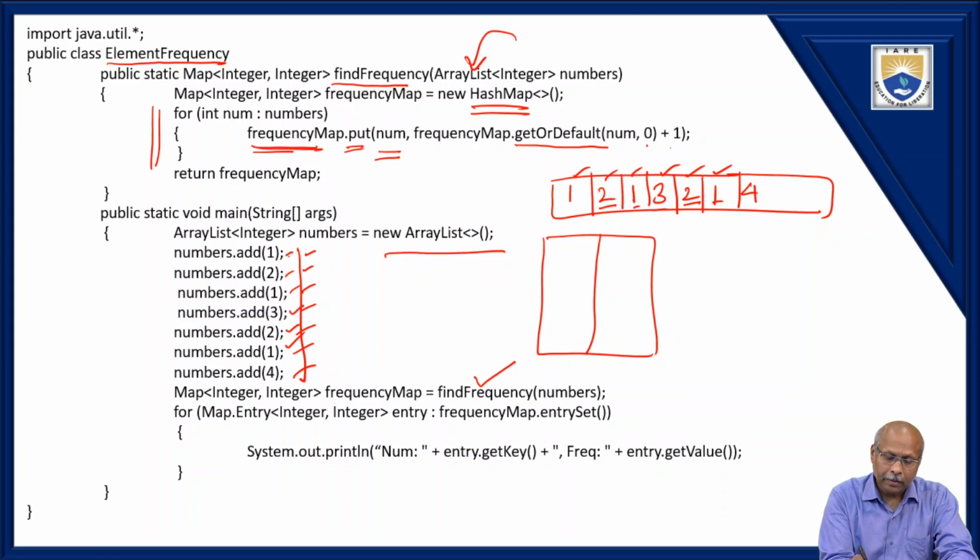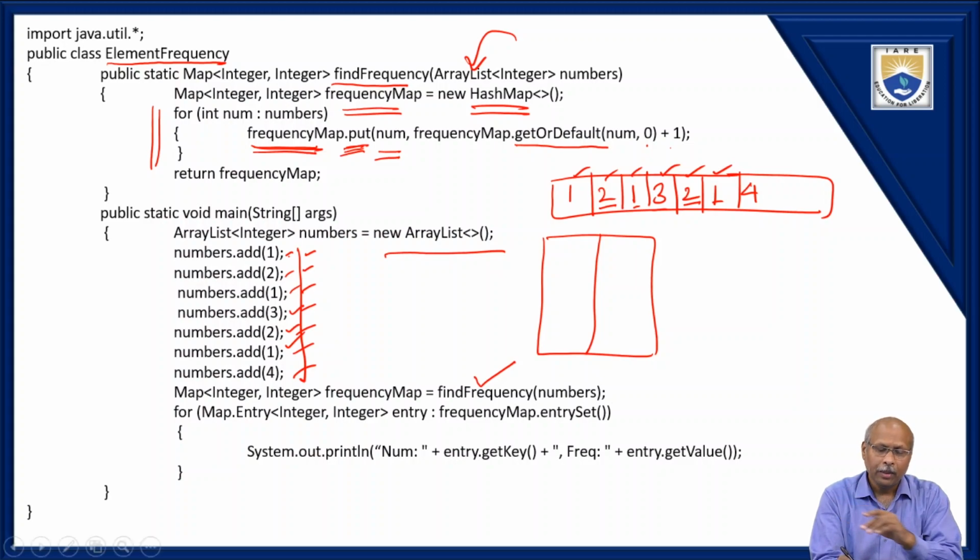frequencyMap is the name of the map I have created, and I am calling a method called put. The put method always takes 2 parameters, key and value. So the key is my number. Initially 1 is my key. Earlier it is not available. If it is not available, take the default value. How much? 0, meaning 0 times available, plus 1. So on.